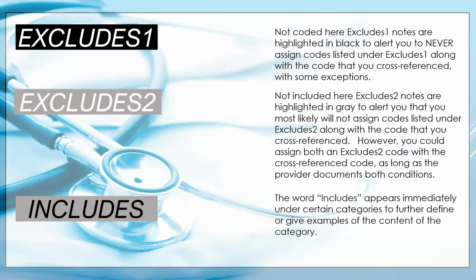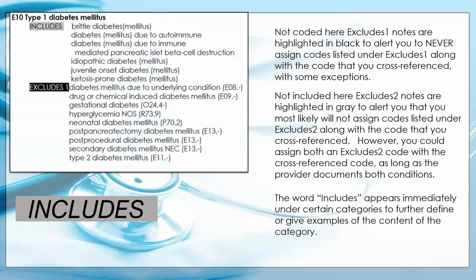You'll also see the includes note immediately after certain categories to further define or give examples of what is included in that category. So under type 1 diabetes, under the includes note, we see conditions like brittle diabetes, juvenile diabetes, and ketosis-prone diabetes. These are all conditions that would be included under the E10 code.